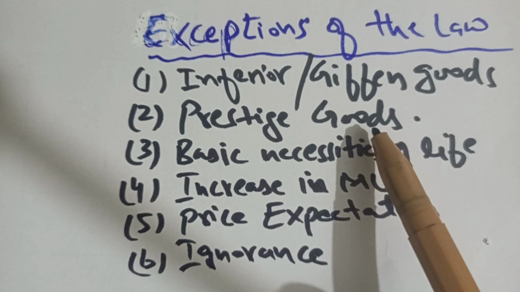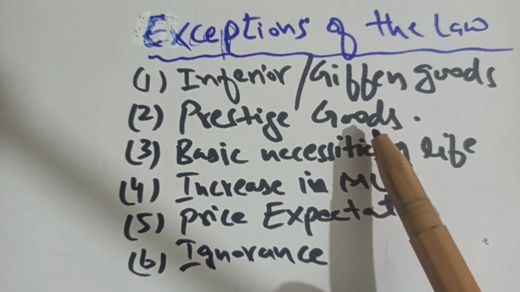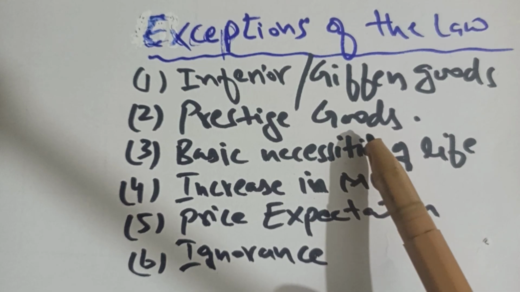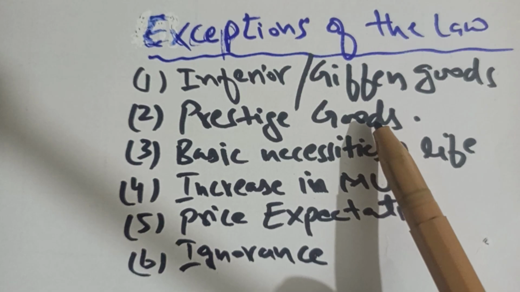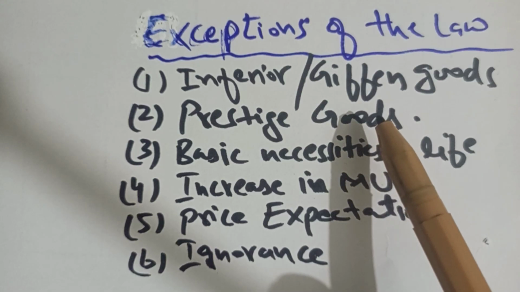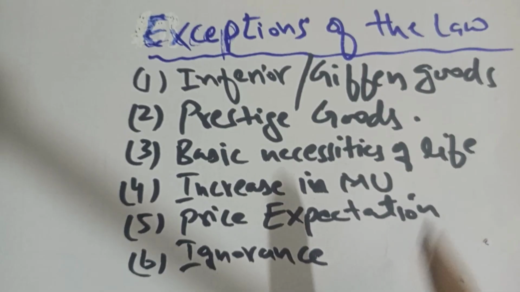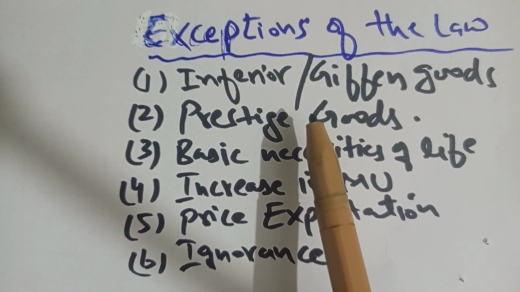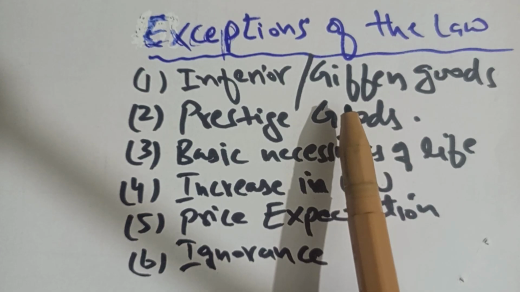Thus, in the case of Giffen goods, there is a direct relationship between price and quantity demanded. With the decrease in prices of Giffen goods, the demand for them will decrease.